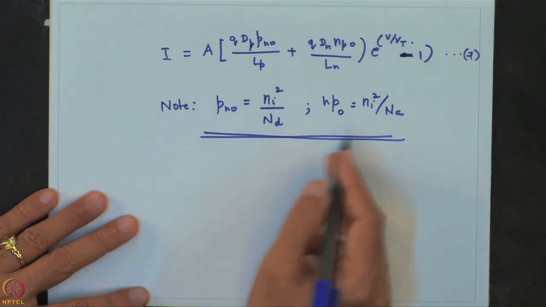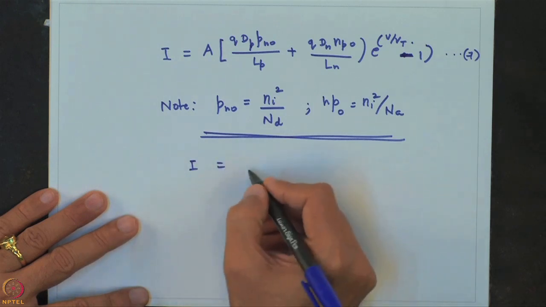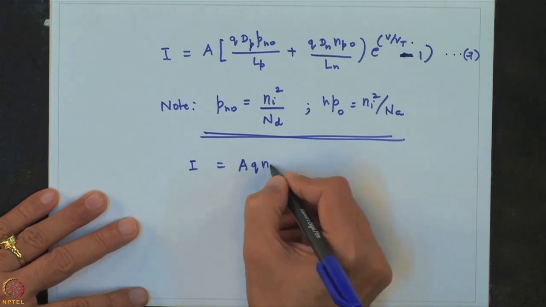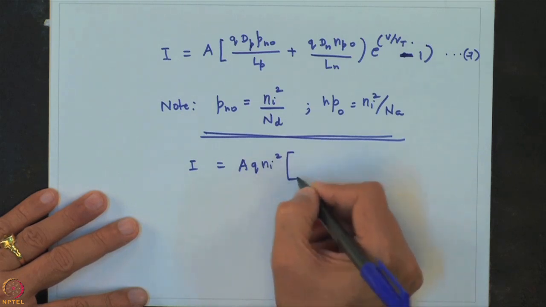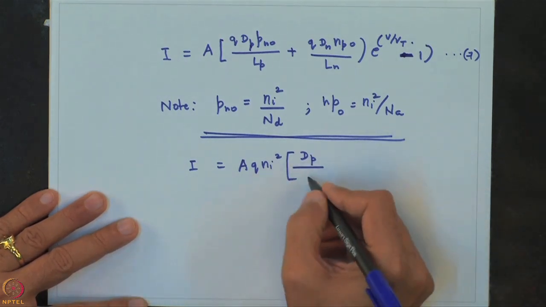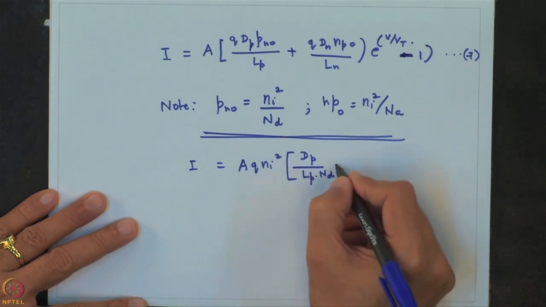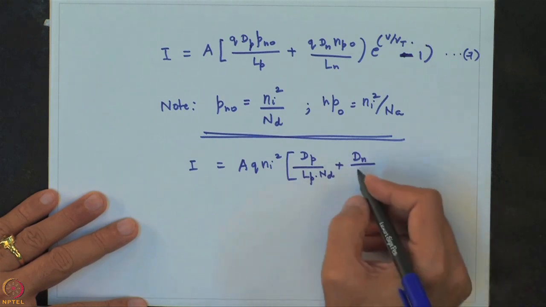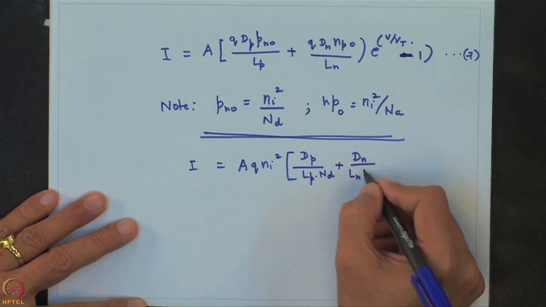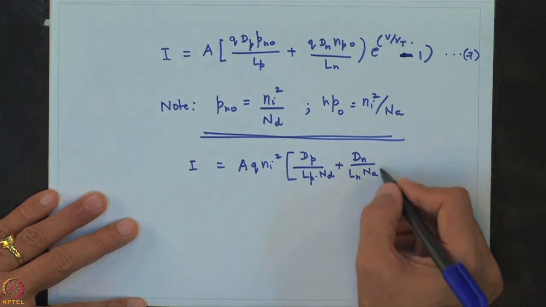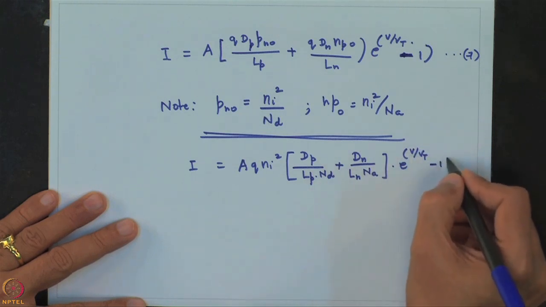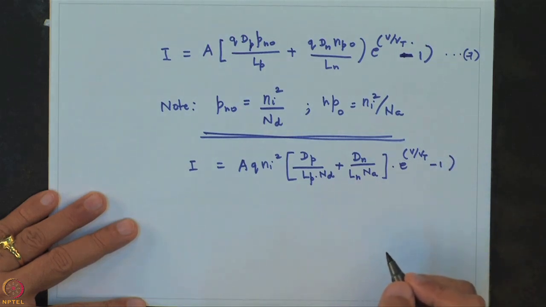When we do this substitution, we get I, the total current due to electrons and holes, equal to A q Ni square times the bracket Dp, the diffusion constant for holes, divided by Lp into Nd, plus Dn over Ln, the diffusion length of the electrons, into Na, the acceptor atom concentration, times e raised to power V over Vt minus 1. This is the expression that we will get.